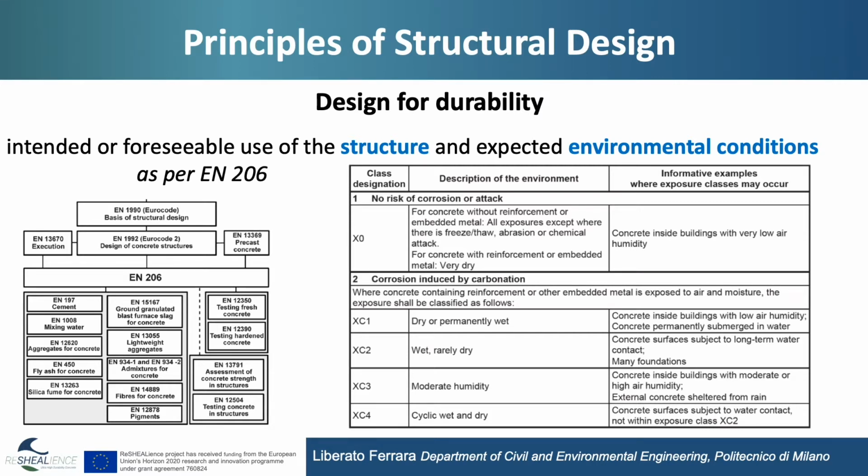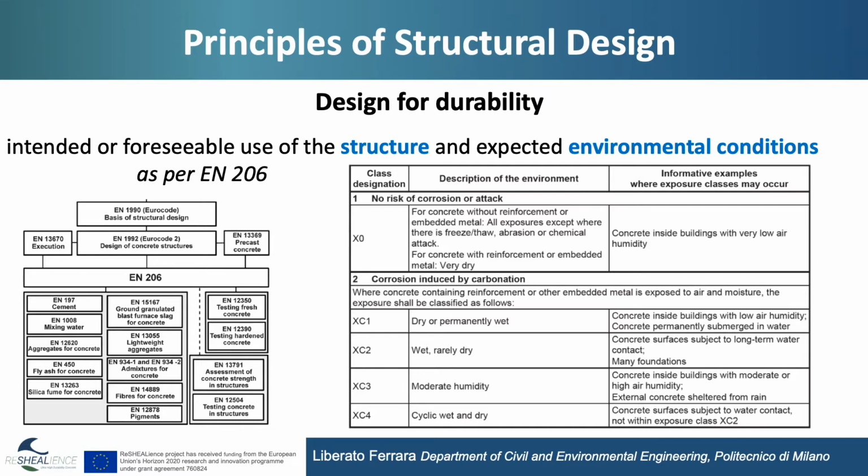whether it be freeze and thaw, abrasion, chemical, and so on, to class XC, corrosion induced by carbonation, further distinguishing 4 subclasses dealing with the humidity of the environment, which can be dry or permanently wet, wet, rarely dry, or moderate humidity or cyclic wet and dry exposure.